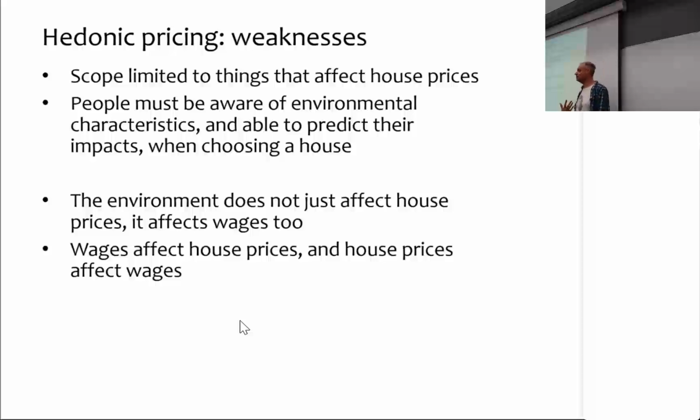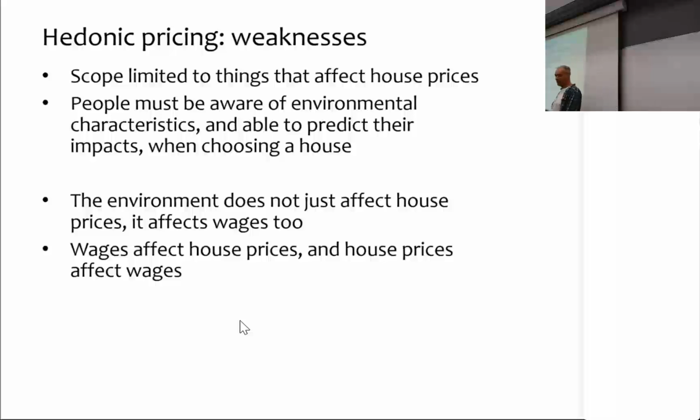wages as well. And you will say, so here we have a second market where we can apply hedonic methods too, right? And people have done that, and that is a good thing because you have more information. And the problem is that house prices are affected by wages, and wages are affected by house prices, right? In places where housing is expensive, you would demand a higher wage.